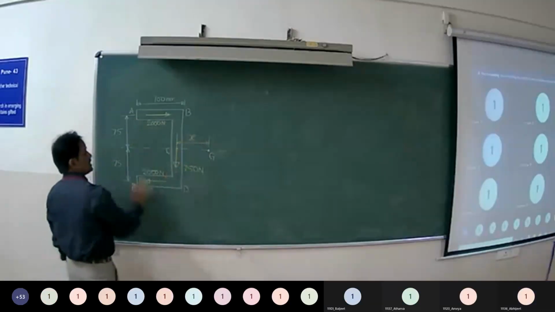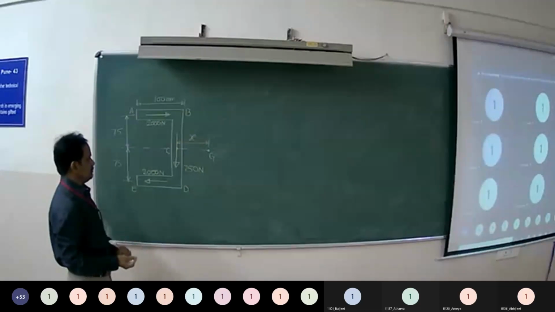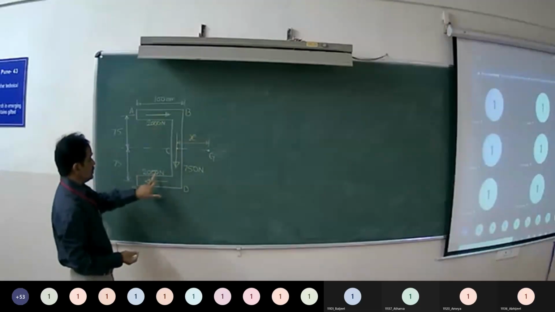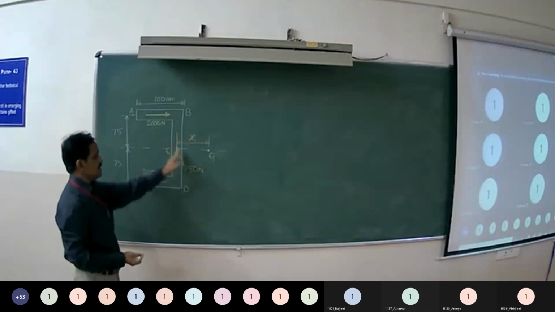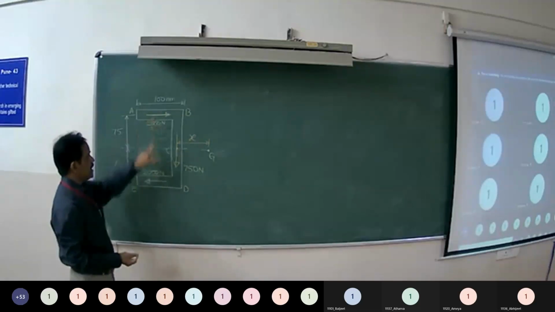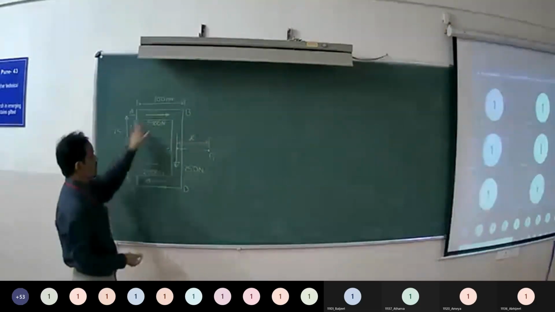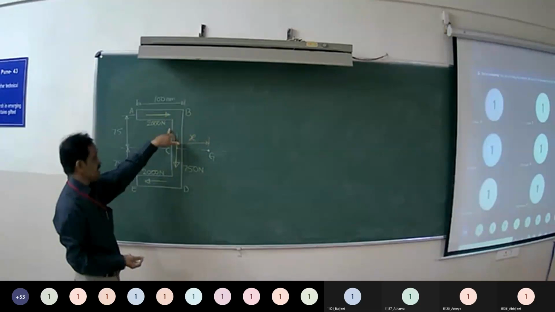See, there are three forces acting on the channel cross section: two 2000 Newton forces and one 750 Newton force. But these 2000 Newton forces are forming a couple. They are parallel to each other, magnitude is same and opposite sense.